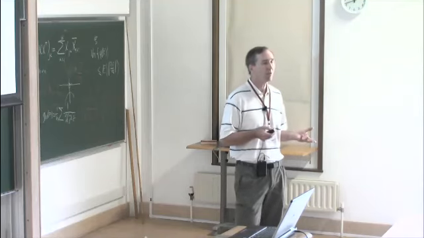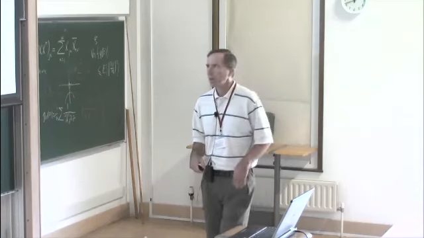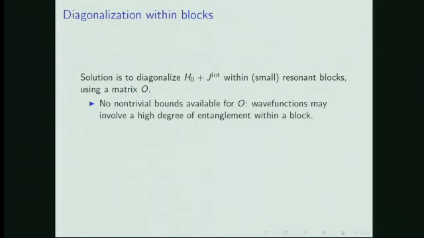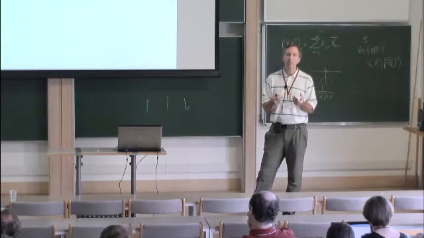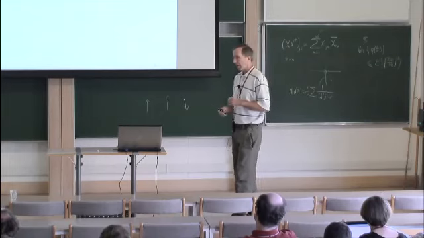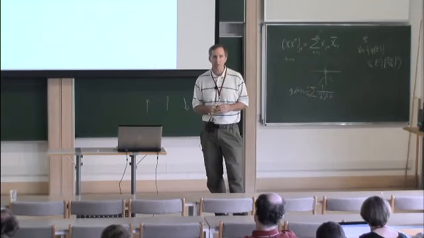Now the thing is, you don't know very much about the matrix O. But the point is that you don't need to know very much about the matrix that diagonalizes within a block, because after all, these blocks are known to be rare. And so we're willing to give up tight control of the eigenfunctions as long as we do so on a very dilute set of regions.